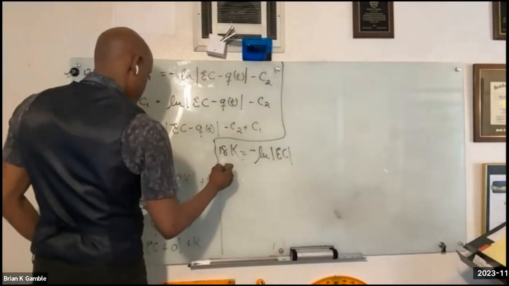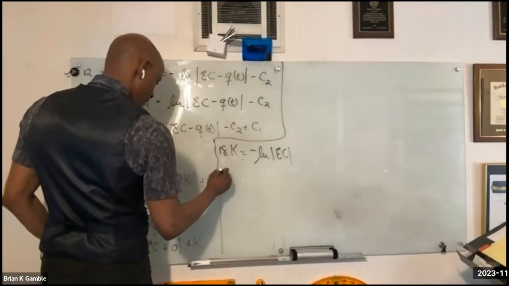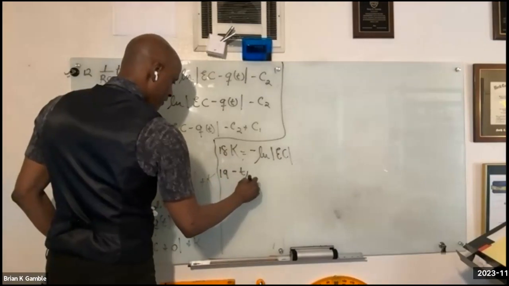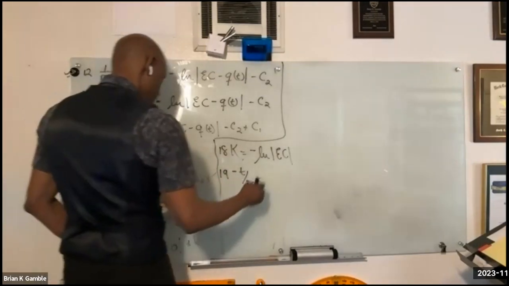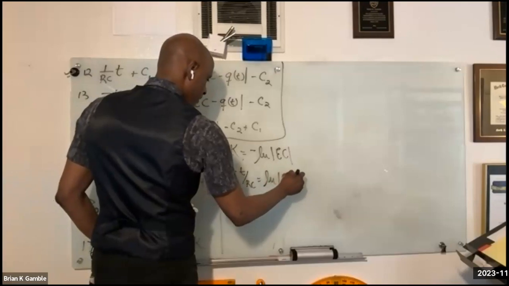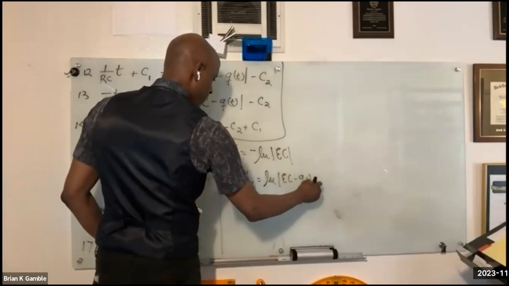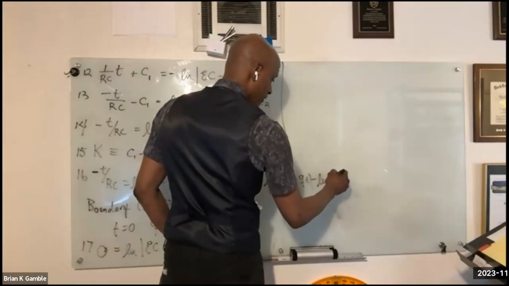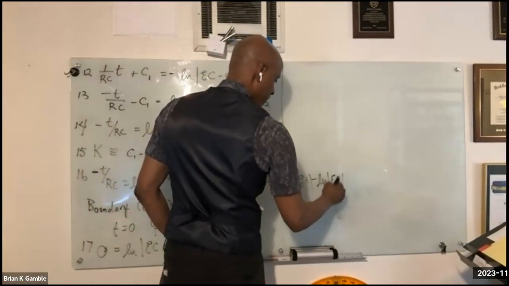So my specific solution is minus T over RC is equal to log of EC minus Q over T minus log of EC.